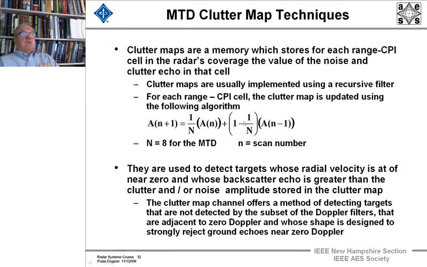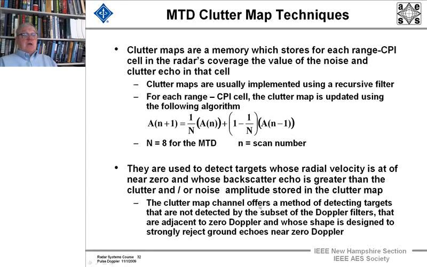This is used to make detections where there's no radial velocity, but the target is above the noise level. They're used to detect targets whose radial velocity is at or near 0, whose backscatter echo is greater than the clutter or noise stored in the clutter map.